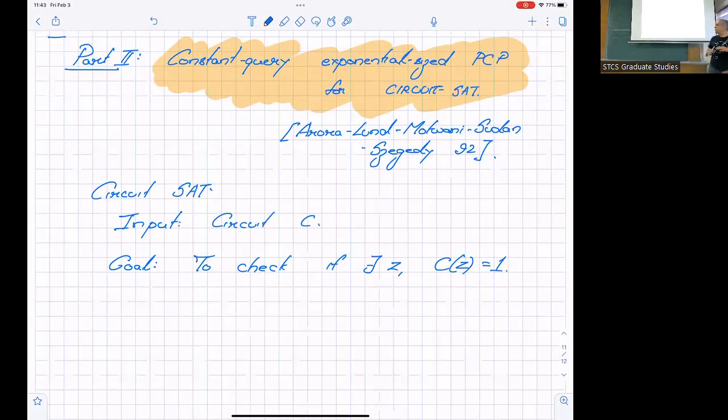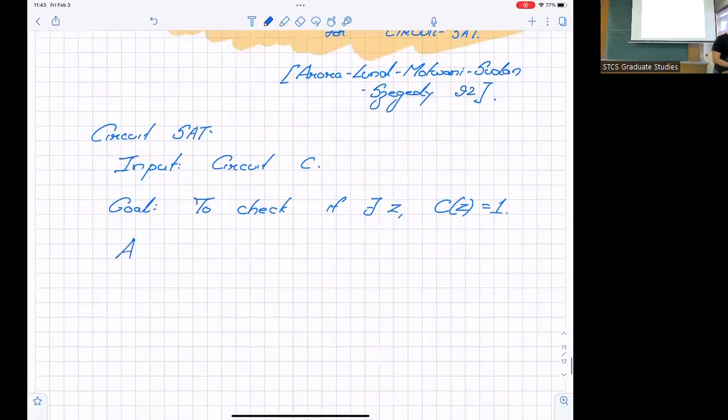Now, for simplicity, we are going to make several assumptions about the circuit, which are all without loss of generality. Let's make the following assumptions. We'll assume that the circuit has only AND and NOT gates. There are no other types of gates.